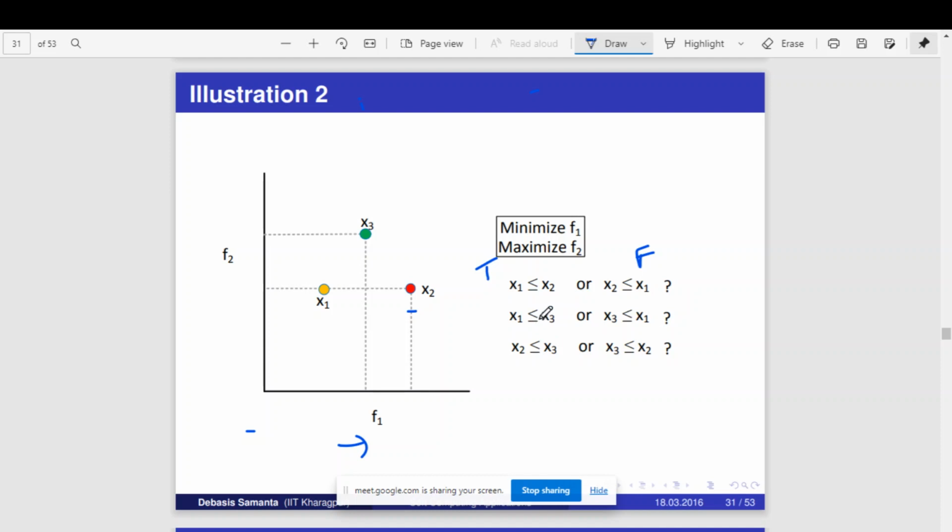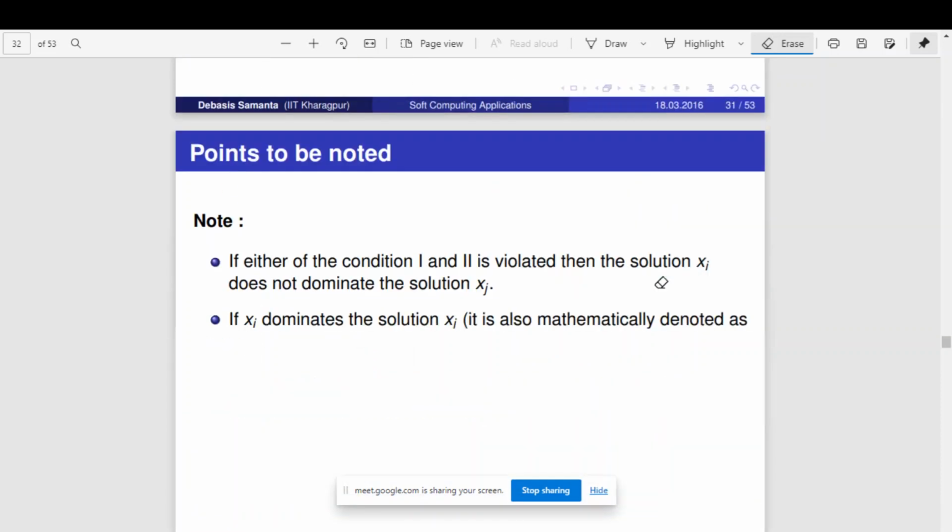Is it true? Yes, in all aspects it is lesser than x3, right? Is x3 less than or equal to x1? Is x2 less than or equal to x3? No. Is x3 less than or equal to x2? Okay. Fine. So with this, you can also find out which one dominates others and which one is not dominating others, right?